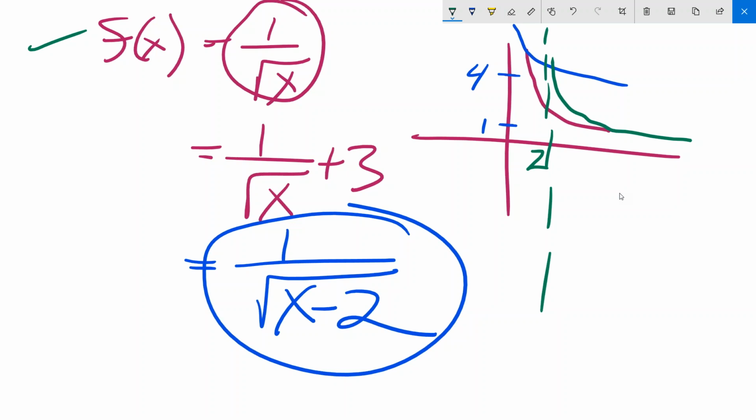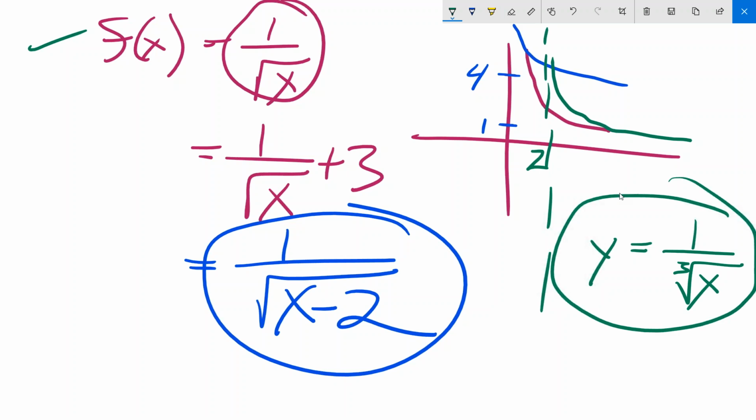The fact that you have 15 of them tells me that there aren't just 15. You can have all kinds of parent functions. I could have y equal to 1 over the cube root of x. That could be a parent function. And I would have to figure out how to graph that, but nonetheless, all of my transformations would apply.